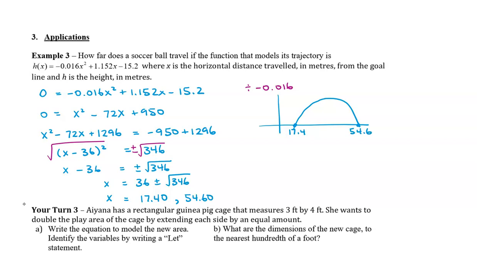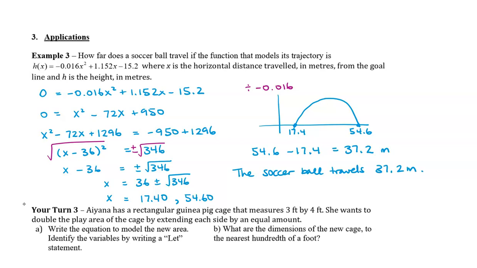So the question is, how far does a soccer ball travel where the function of that ball is modeled by this quadratic equation or quadratic function? Then we can find the difference between these 2 points. So that would be 54.6 minus 17.4, and that will give me 37.2 meters. So we can say that the soccer ball travels 37.2 meters.